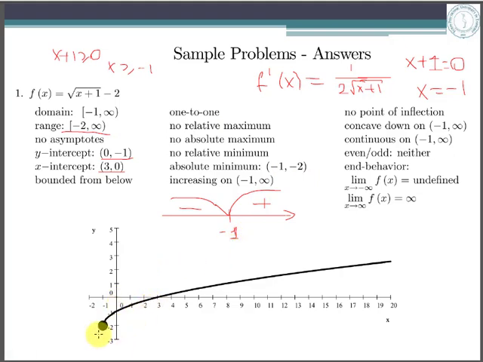So minus 1 and minus 2, this point is the absolute minimum point. It's increasing on minus 1 till plus infinity. Here it is an increasing function.